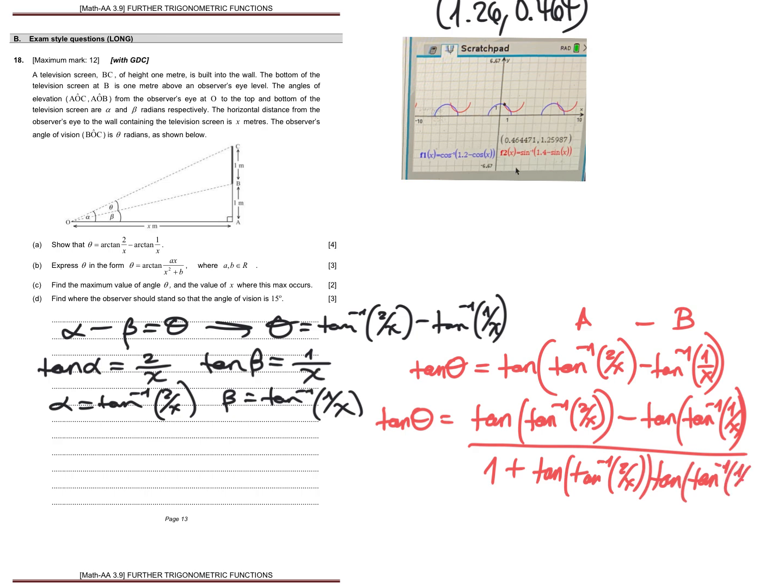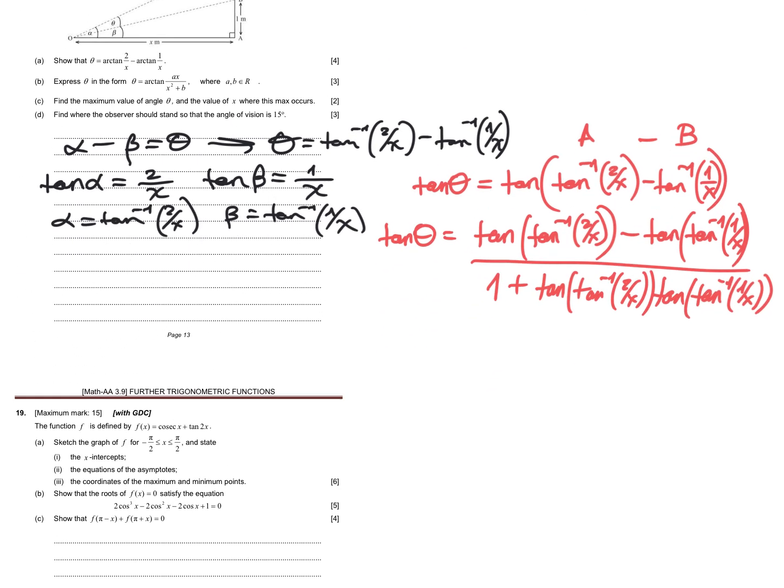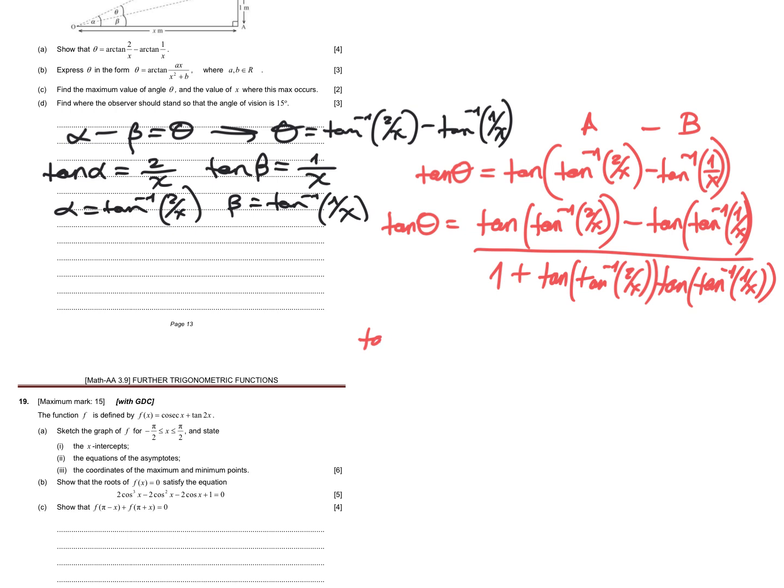Okay, so that's convenient because a lot of those will cancel. So we've got tangent theta still. That's 2 over x, that's 1 over x, because those are tangents of the tangent inverse.